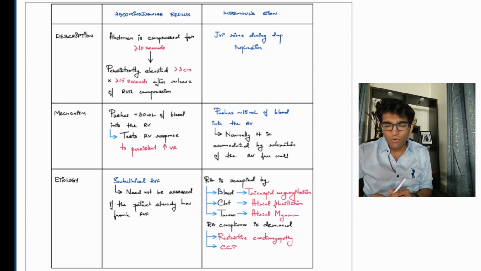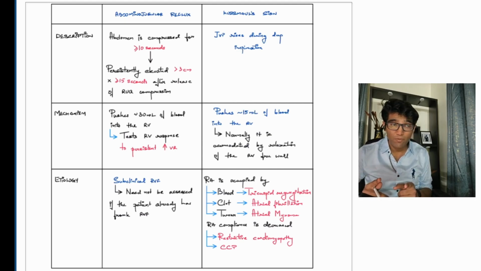So basically, if this doesn't happen, that is, the JVP doesn't fall when the right ventricle is dilating, that is, there is not a Y descent, rather the JVP rises during inspiration, that indicates that there is a problem with right ventricular relaxation.